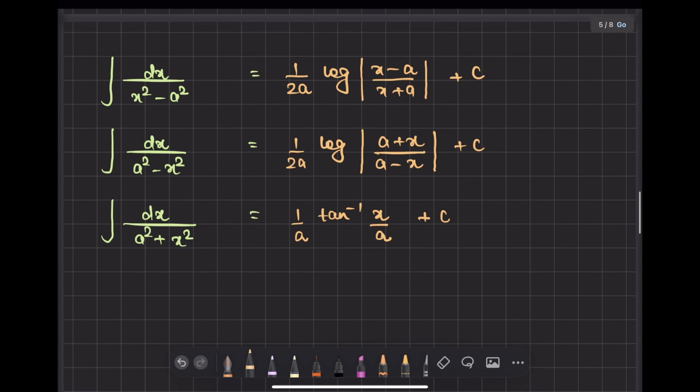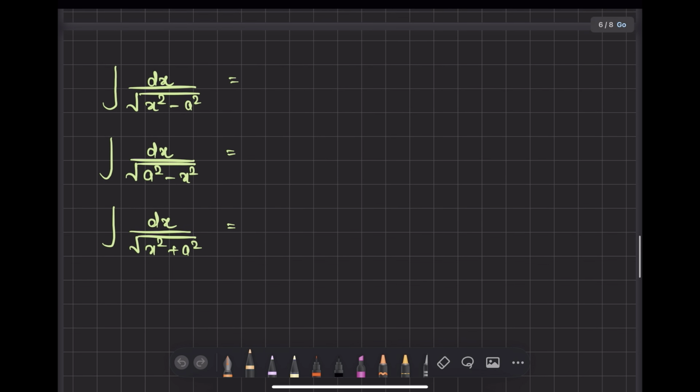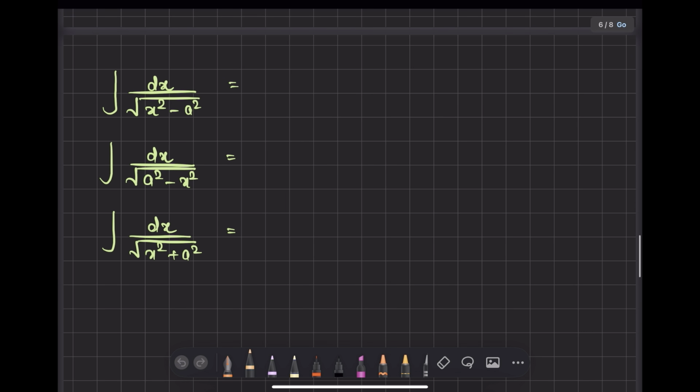Again I will ask you whether you are comfortable or not. In this case you are comfortable: 1 minus x square, where a is 1, so it connects you with sine inverse. If you are comfortable, use your comfortable formula, sine inverse x by a plus c. If you are not comfortable, you will be using log. You know that if we have to use log, we have to put mod.